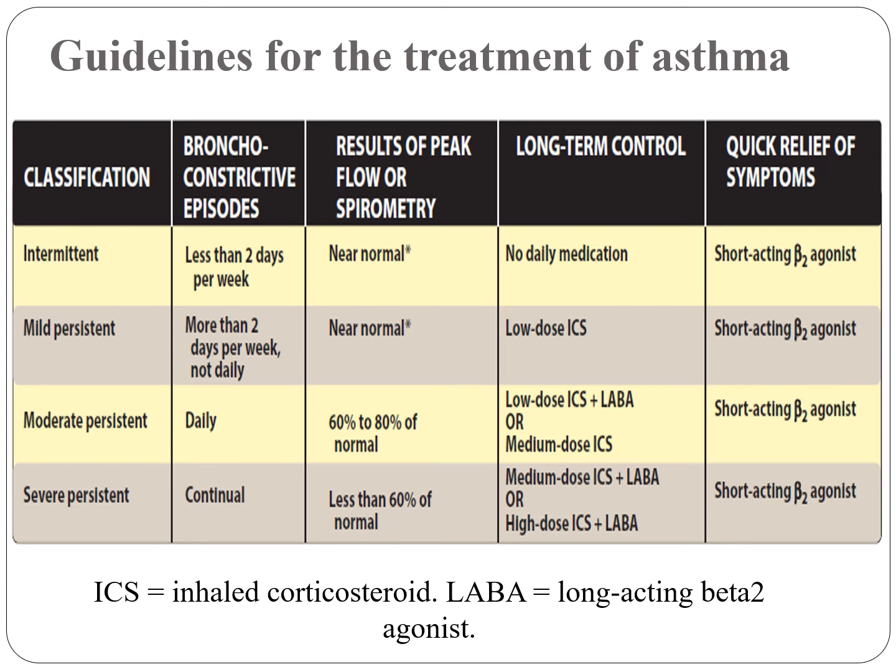Here we need long-term control, either with a low dose of inhaled corticosteroid plus a long-acting beta agonist, such as salmeterol or formoterol, or instead of low dose plus long-acting beta agonist, we can use only a medium dose of inhaled corticosteroid.